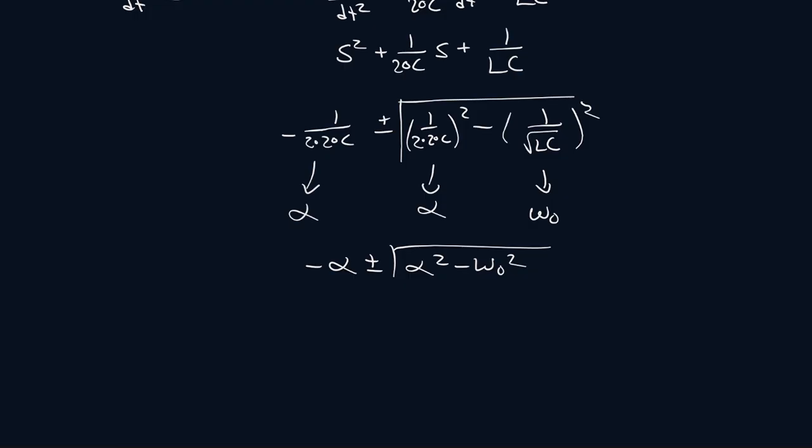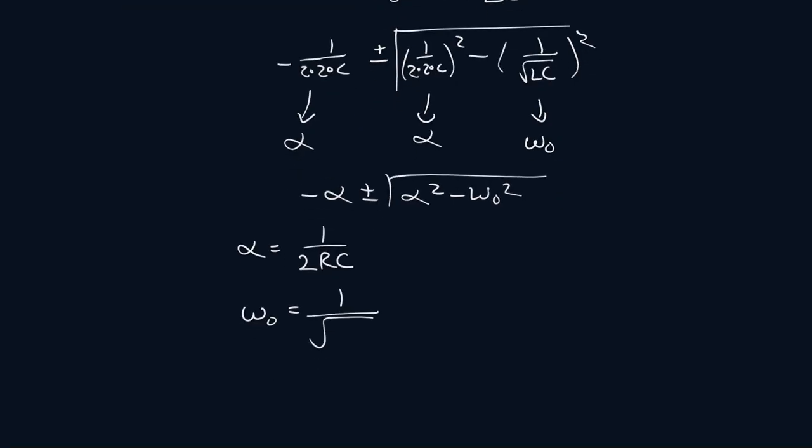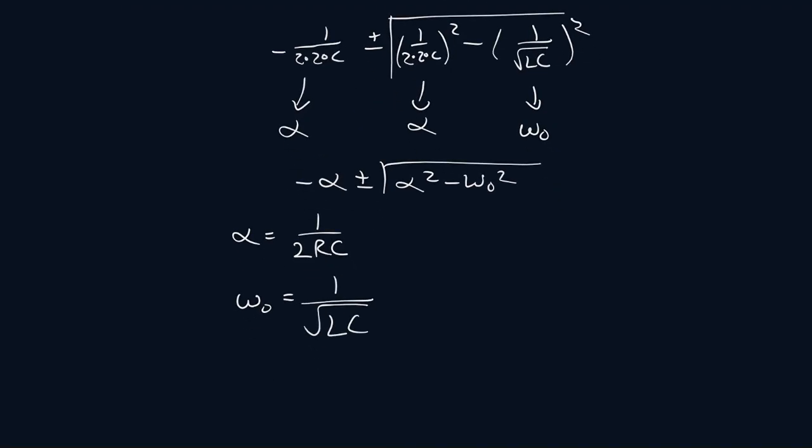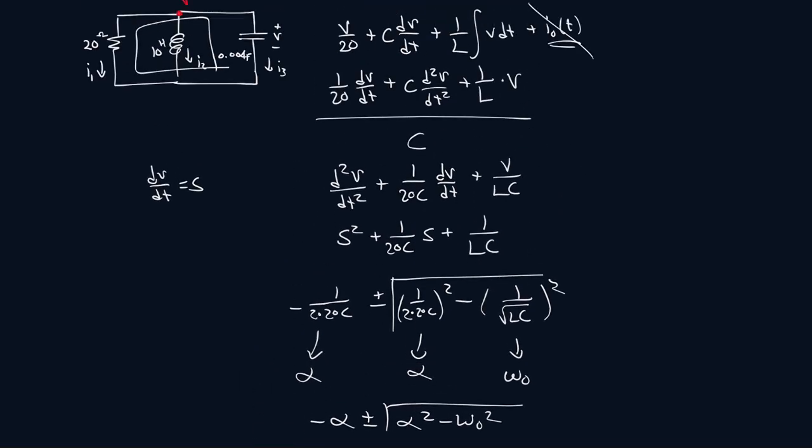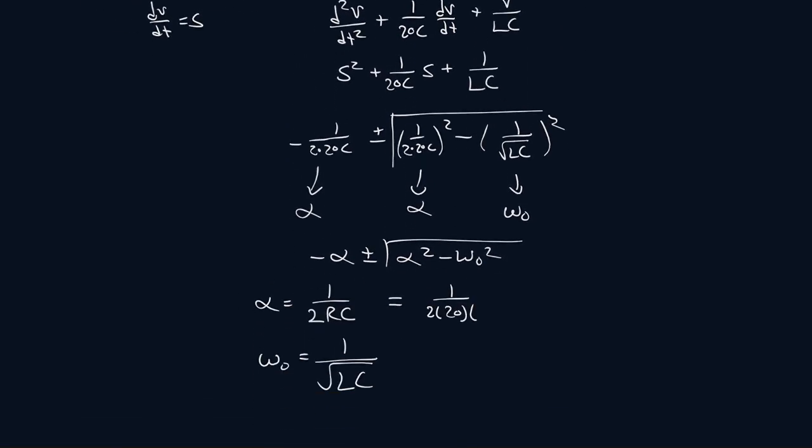Okay? So your alpha should be equal to 1 over 2 times the resistance times the capacitance. And then your omega should be equal to 1 over the square root of LC. So this is going to be 1 over 2 times 20 times C, which was 0.004.